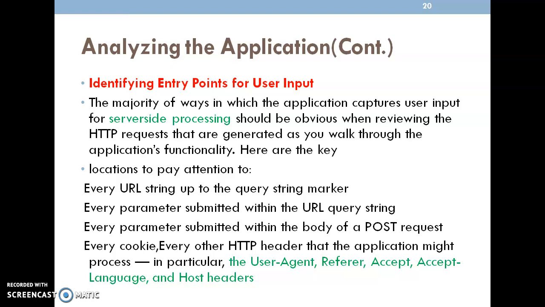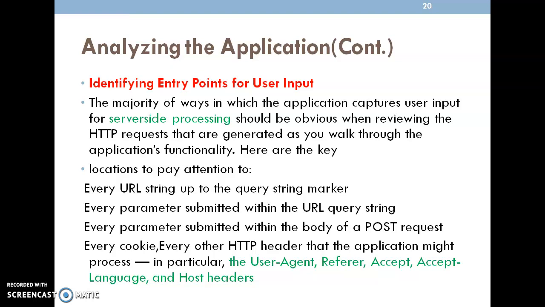Then every parameter submitted within the body of the POST request. In the POST method and GET method, the difference is that in the POST method the parameters are not visible in the URL, so we could not identify what input parameters are being sent from the client side. Then the HTTP headers we need to identify.